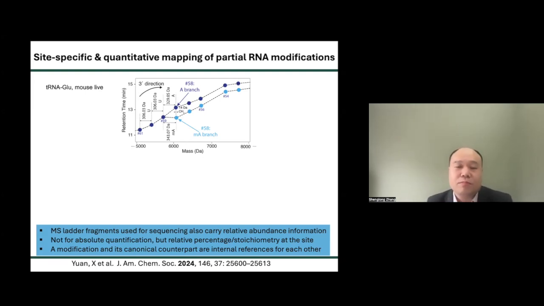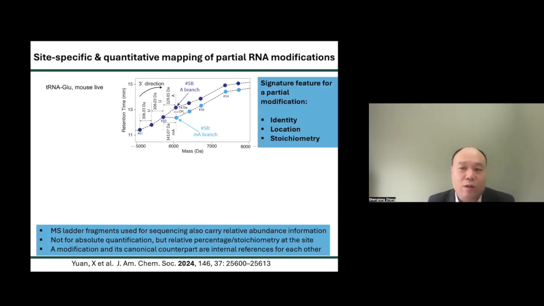But you can see we can base call the nucleotides. We find an A at position 18. We also find a methylated A, same size, and their difference is 14, corresponding to a methyl group. So with this, we can know the identity of the modification and the location of the modification.